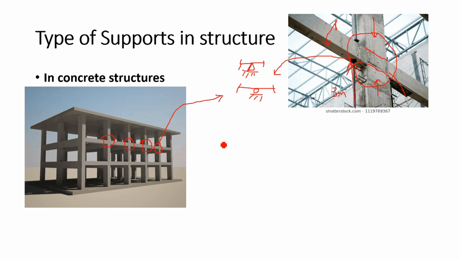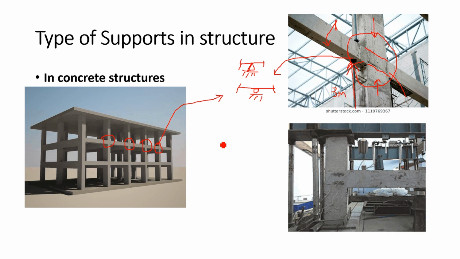Okay, so what is another kind of arrangement? You will get another arrangement at the end. Here also you have to think that if the beam ends here, your beam is continuing until the end. Here two people are pushing, top and bottom.